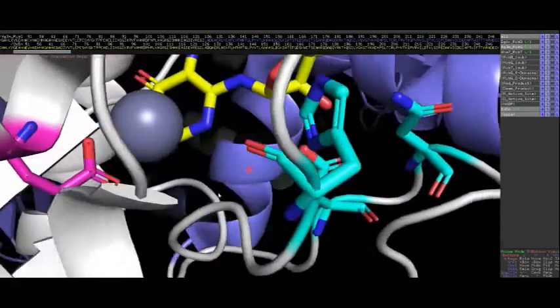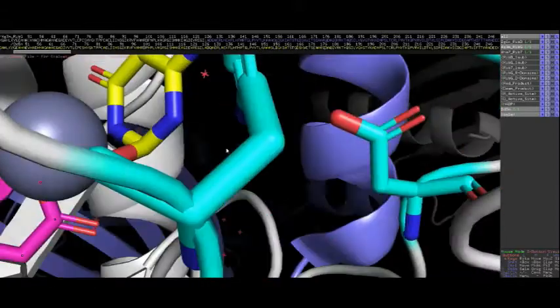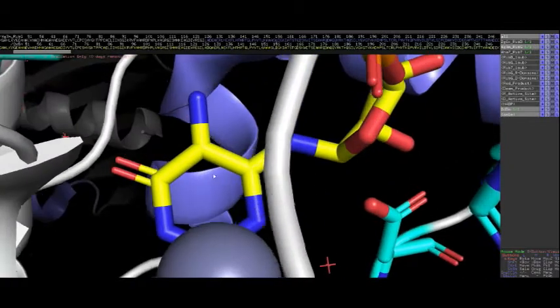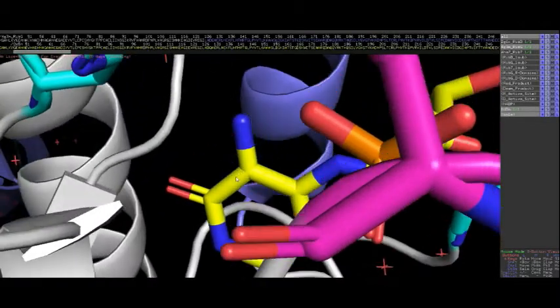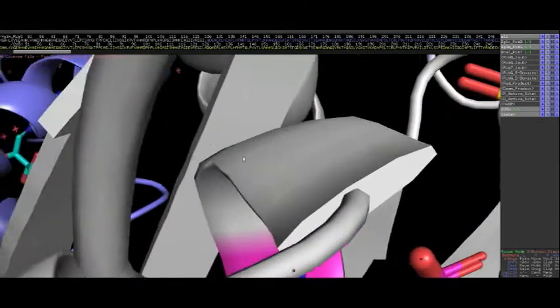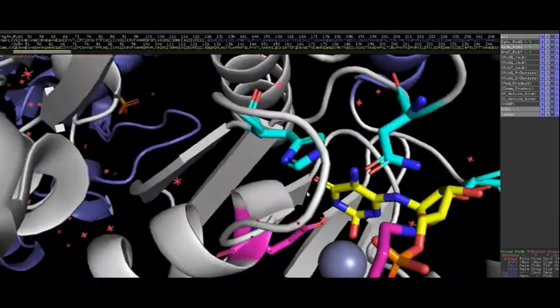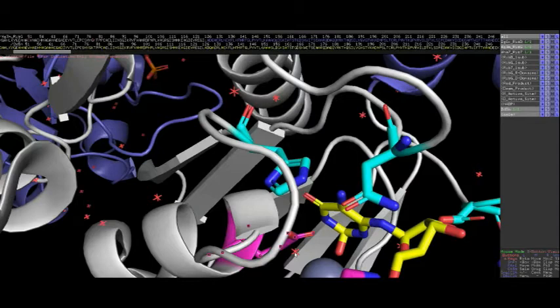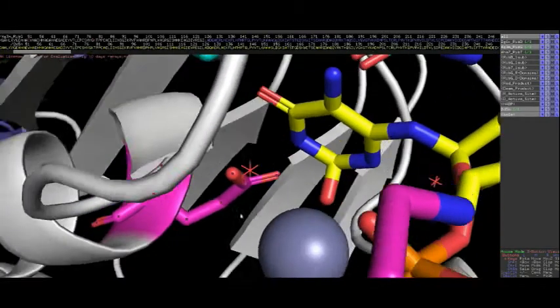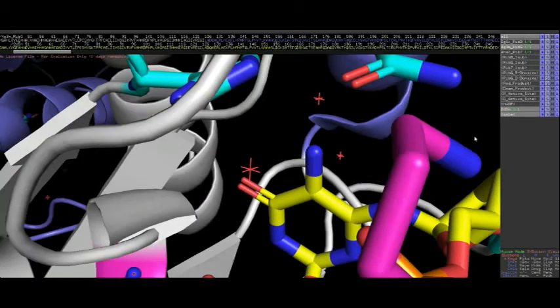But anyway, it's likely that water right there, although it seems like it would be closer to the amine here. Perhaps this water right here, this little asterisk-looking thing, is.